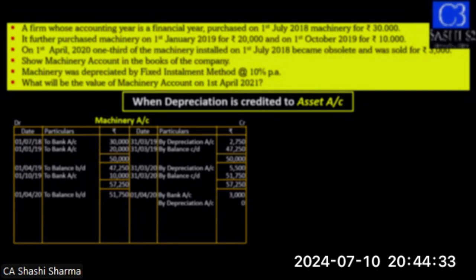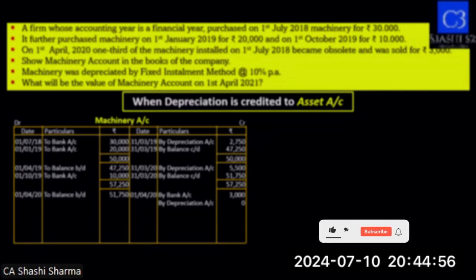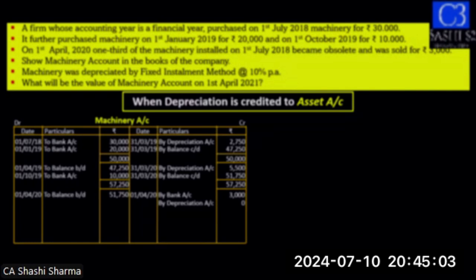Now we have to calculate profit or loss. The only difficult thing in questions relating to depreciation is the calculation of profit or loss. You must be careful while calculating the amount of profit or loss. Comparatively, it is easy if the method involved is straight line.